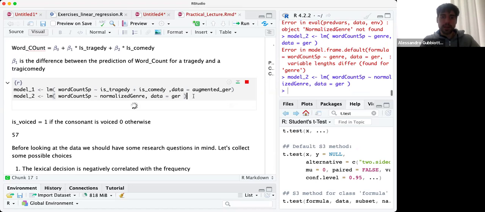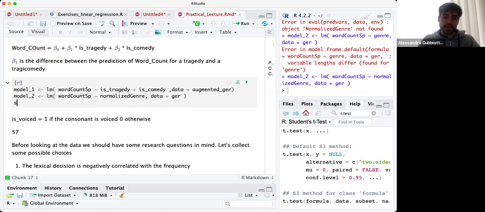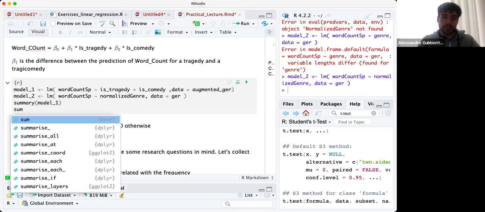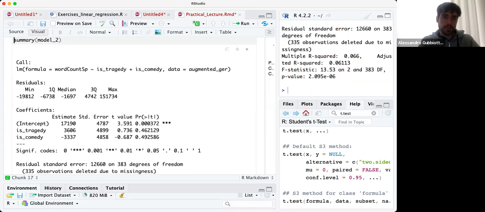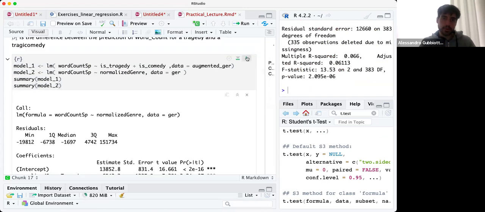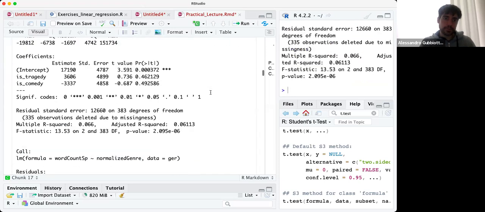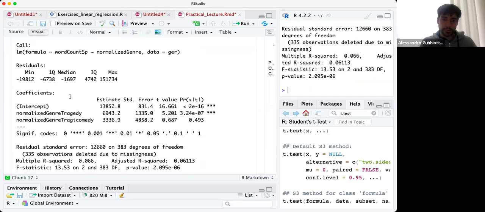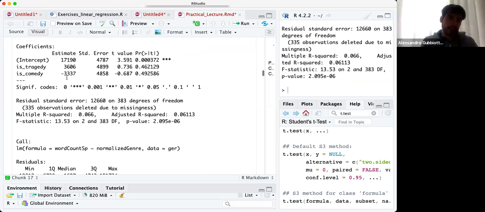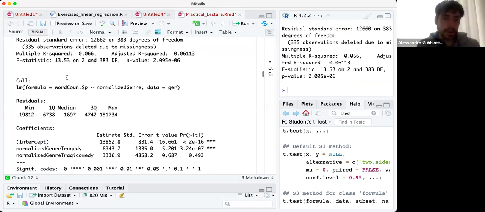It's exactly the same, and we can see it from the summary of model one and of model two. The first one, the intercept is... okay, he used the variable is tragicomedy.